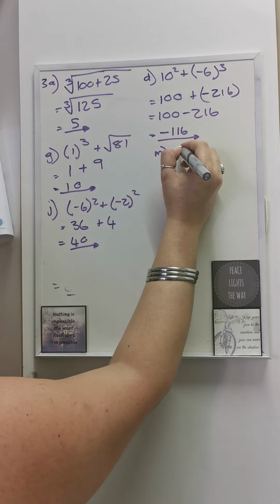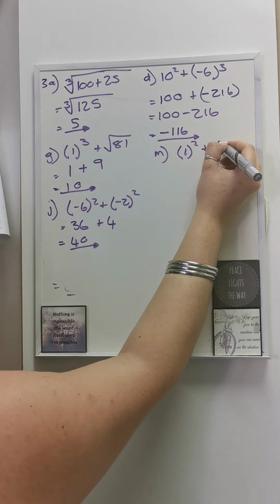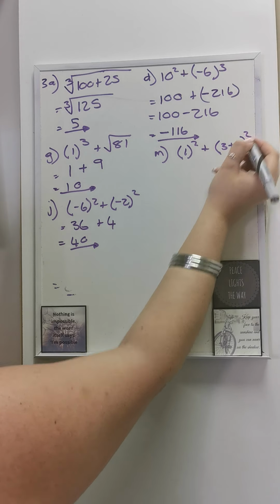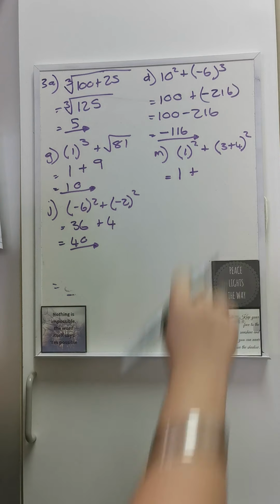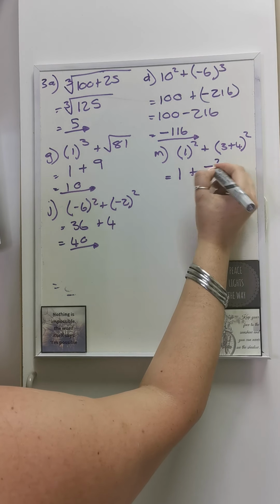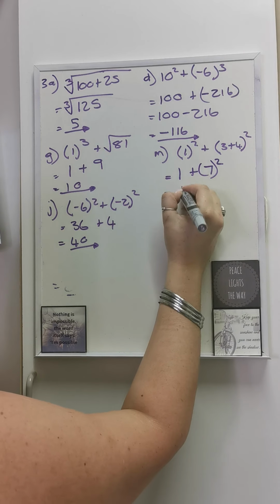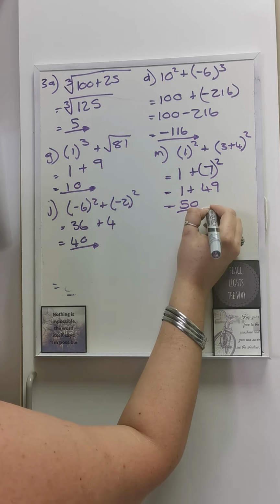Then number M, 1 squared plus 3 plus 4 squared. So 1 squared is 1 plus, remember we have to do brackets first, so we're going to say 3 plus 4 gives you 7, 7 squared. 7 squared is 49. So 1 plus 49 gives you 50.